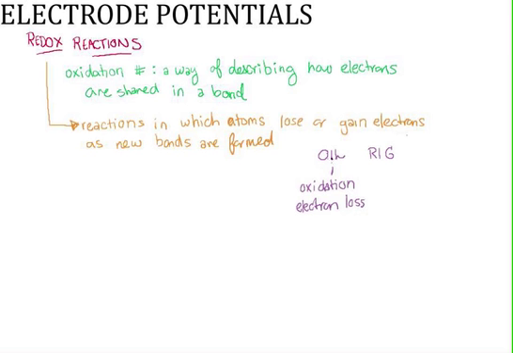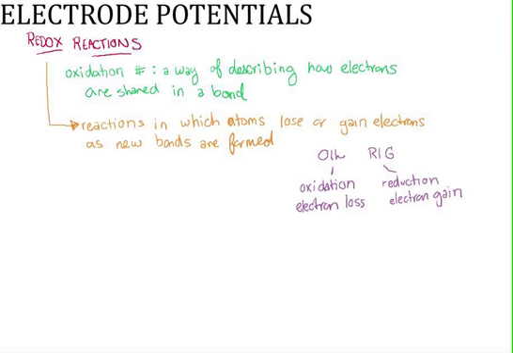OIL: oxidation is loss. RIG, on the other hand: reduction is electron gain, which of course you already knew, right?